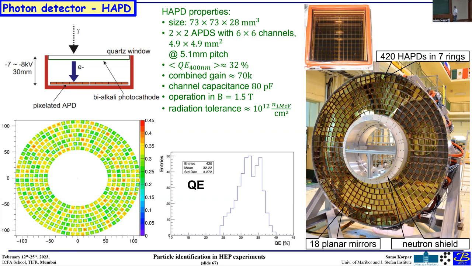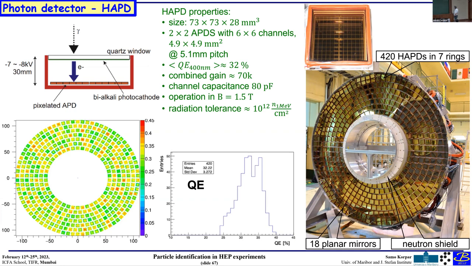We are using at the moment, I think, 6 kilovolts in the operation of the detector, but it can go up to 9 kilovolts or so. The quantum efficiency is rather high, even up to 40%. So a good detection efficiency, and you can see it's more or less evenly spread over the detector.